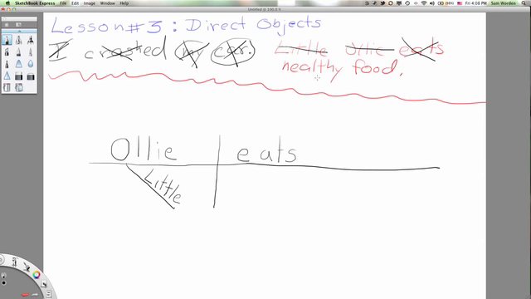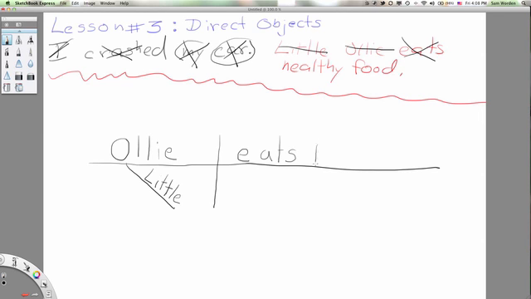What does healthy tell you about? It tells you about food, right? He doesn't eat junk food. He doesn't eat French food. He eats healthy food. So we can't deal with healthy until we've put food on there. So we do food next. And again, it's this direct object. What is food? It's the thing he eats. Eats is the verb. It's transitive, meaning the action is taken out on something.